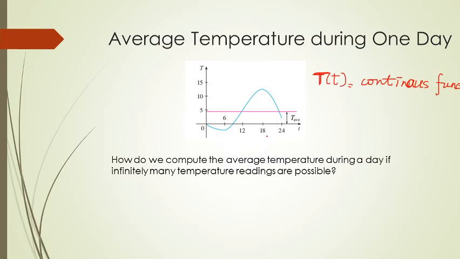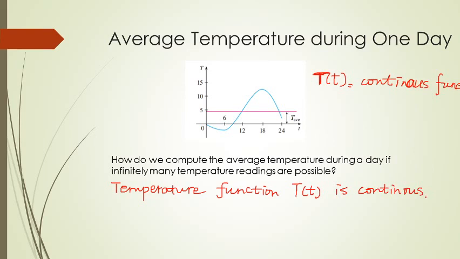Then how do we compute the average temperature during a day if infinitely many temperature readings are possible, which means the temperature function T, big T means the temperature at time t, small letter t, is continuous, right? So that is the question we will solve, okay? And of course, we will use the definite integral to solve that.